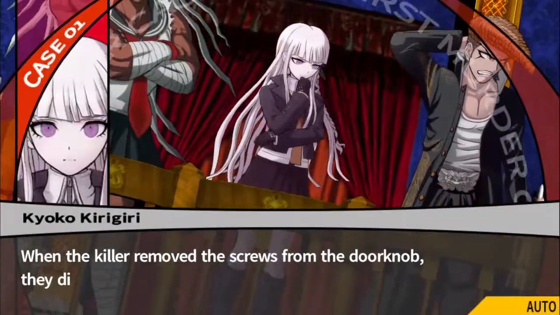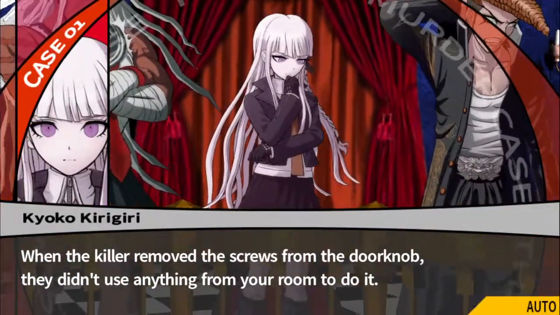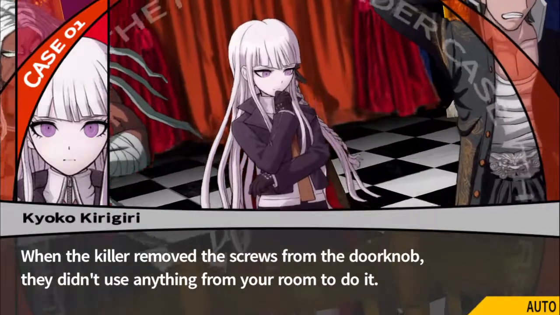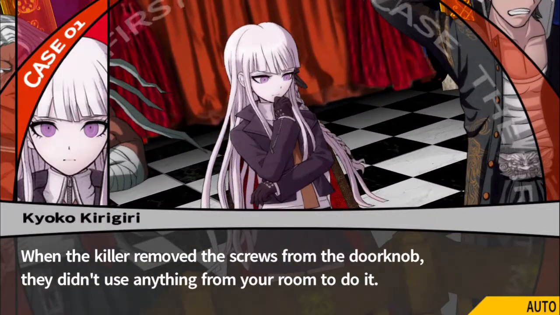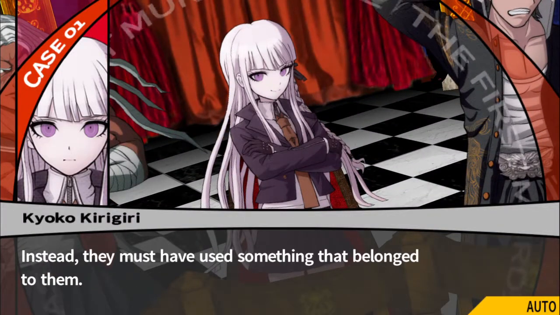When the killer removed the screws from the doorknob, they didn't use anything from your room to do it. Instead, they must have used something that belonged to them.